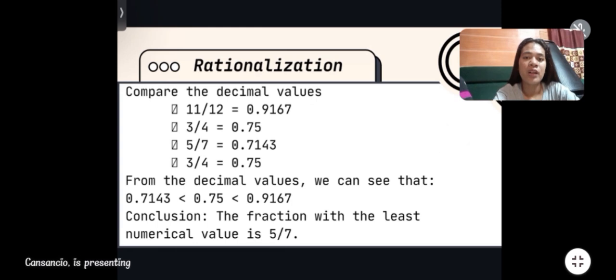From those decimal values, we can see that 0.7143 is less than 0.75, which is less than 0.9167. Conclusion, the fraction with the least numerical value is 5 over 7.